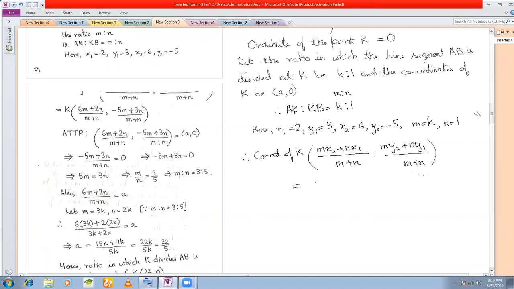Now, what should be the coordinates of K? m here is k, x2 here is 6, n here is 1, x1 here is 2, m plus n is k plus 1.